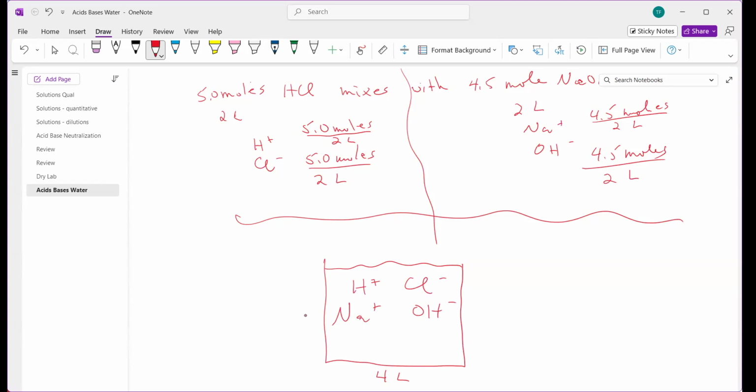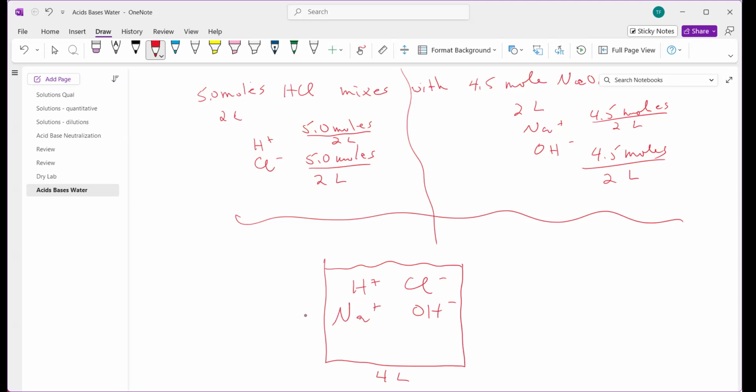When we mix them together, what happens? We don't have 5 moles of H any longer. How many do we have? 0.5. Why 0.5?